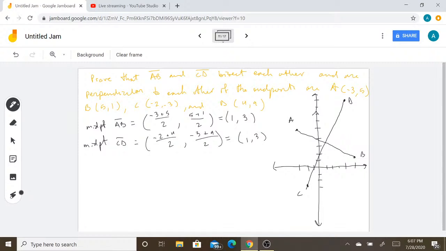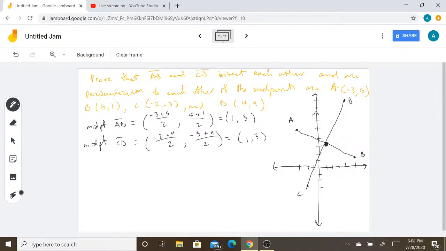So what we just proved was that AB and CD bisect each other. They have the same midpoint over here, (1, 3), and having the same midpoint means that both segments are split into two congruent parts, so they're bisectors of each other.